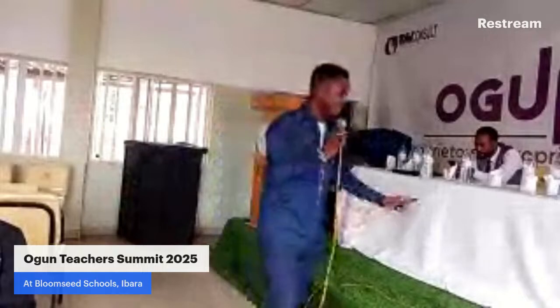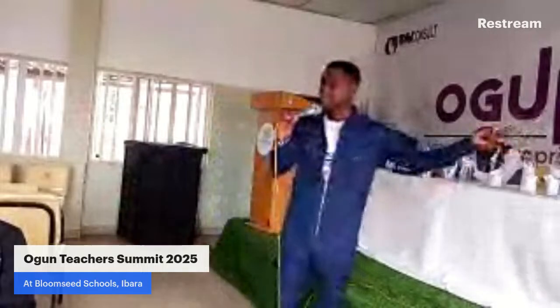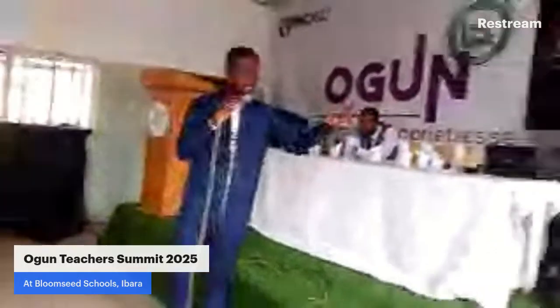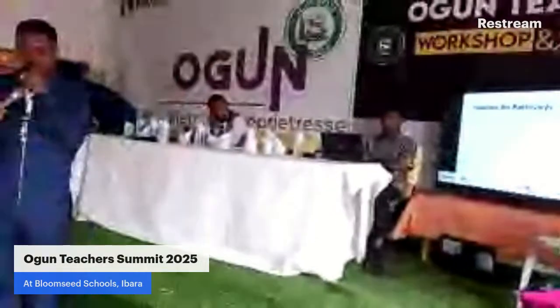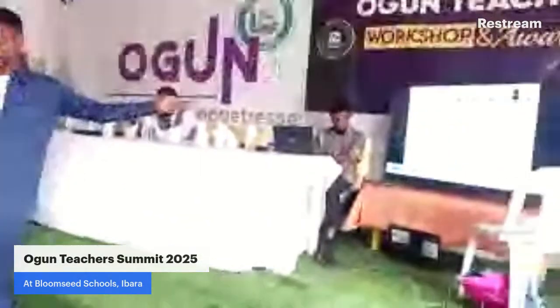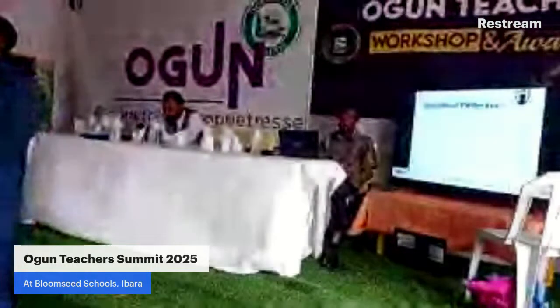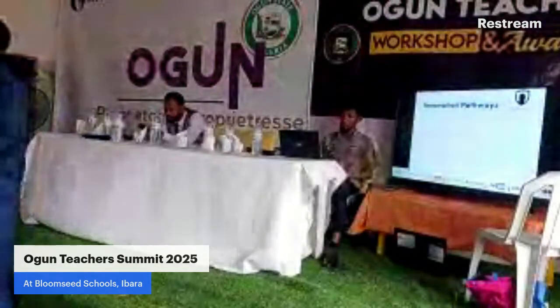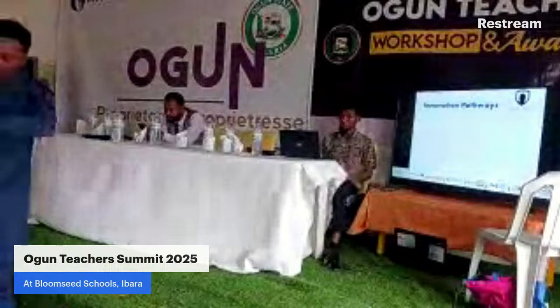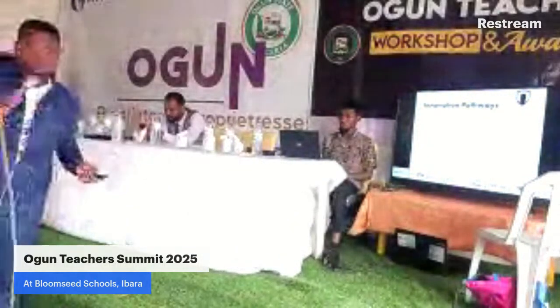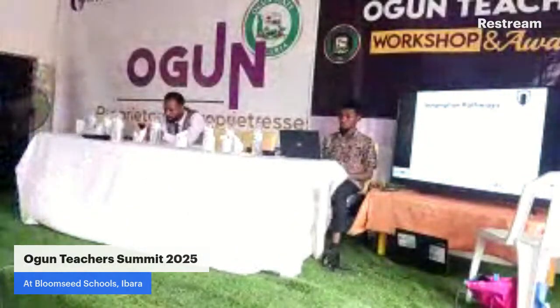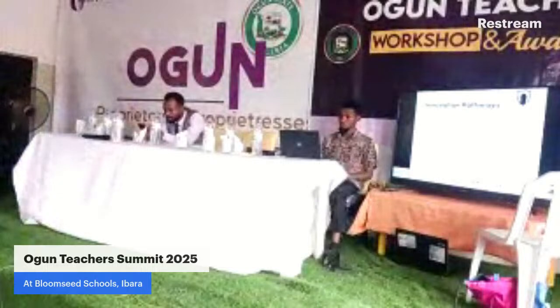Okay, so quickly, innovation pathways. As a teacher, how and what am I going to do right now to show that yes, I'm becoming innovative? Number 1, let's talk about curriculum design. What do you need to do?